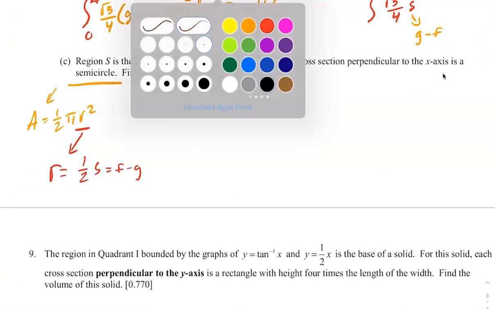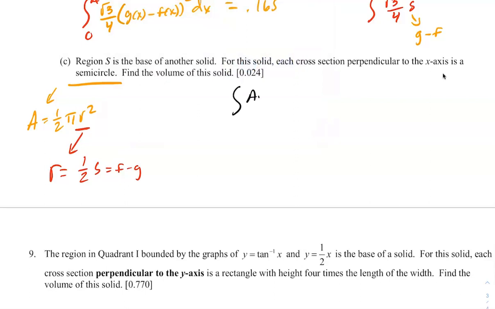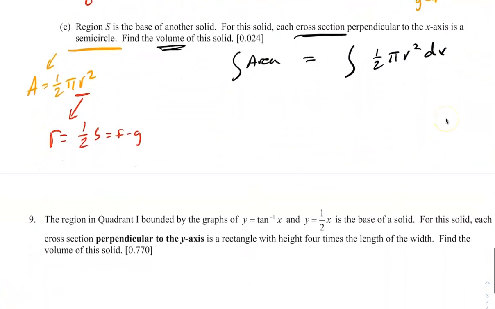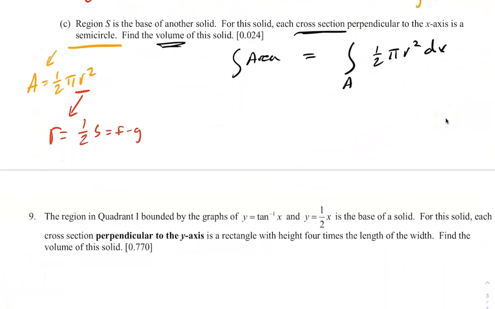So we just plug it all in. We're just integrating the area formula because it's a cross-sectional volume. In this case, that's 1/2 pi r squared. Since we're doing S, we're going from A to B. And then all we gotta do is plug in R. So it's gonna be integral A to B, 1/2 pi r squared.